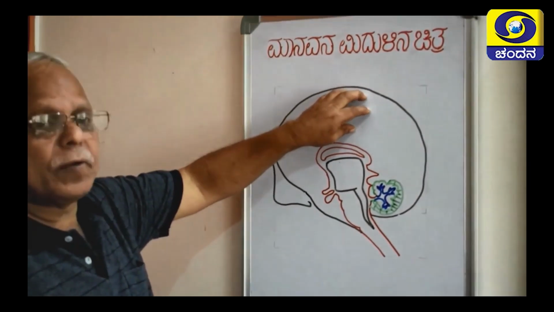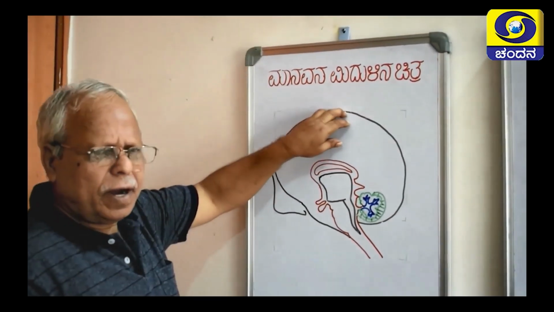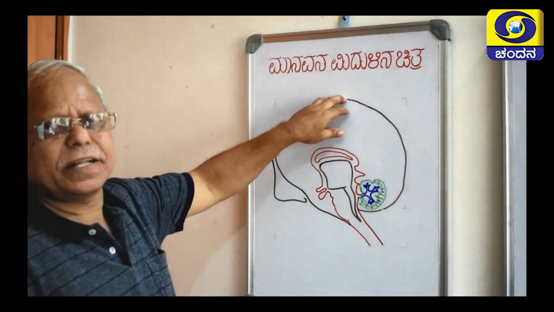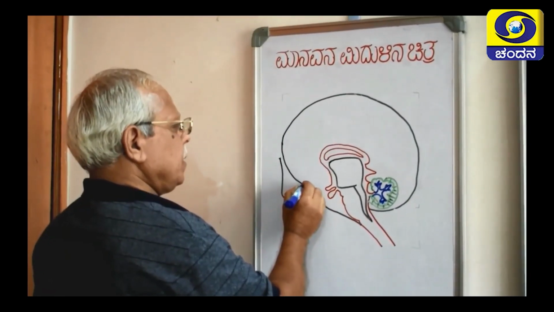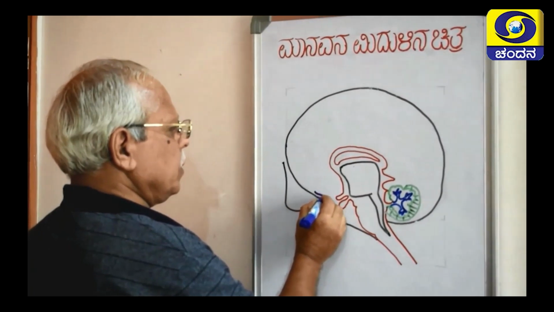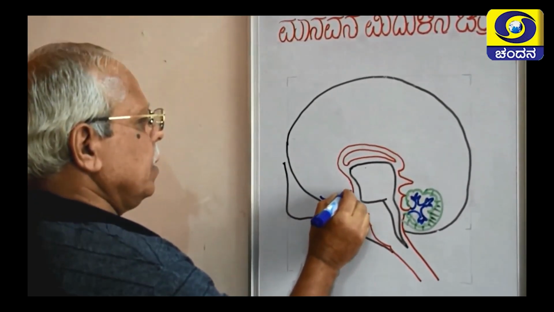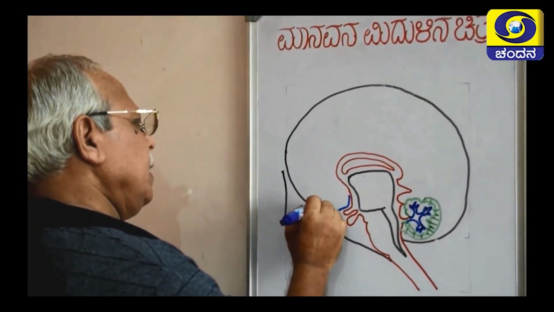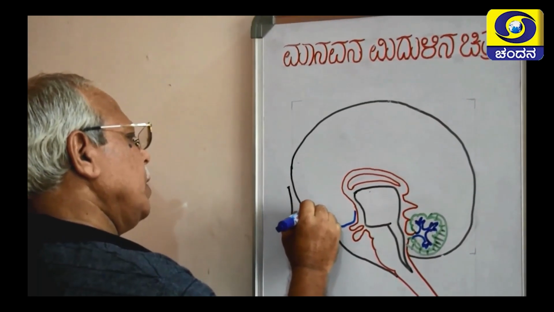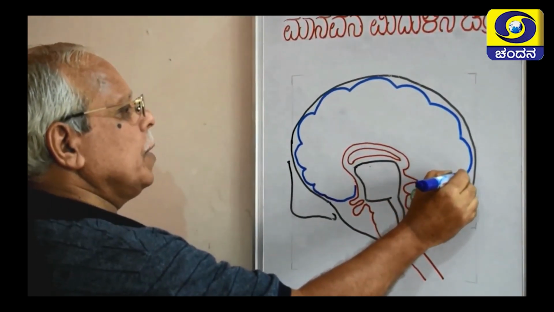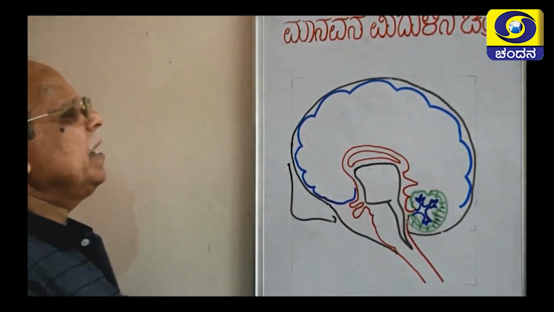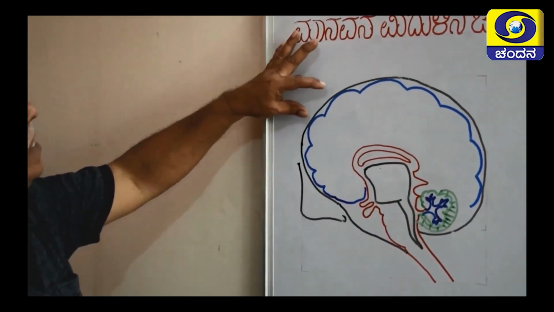Now, let us draw the inside parts. For this one, you have to draw from here, taking the mark like this one. That is nothing but the cerebrum you are drawing now. So, make curves like this one. Draw 10 curves like this one.